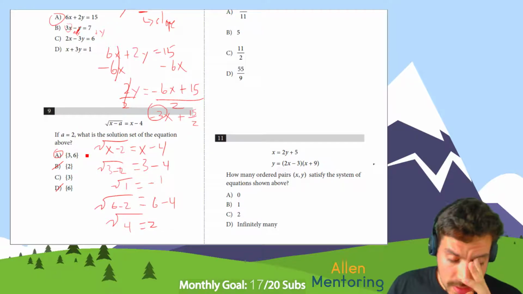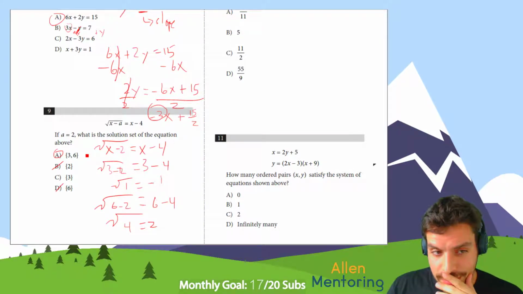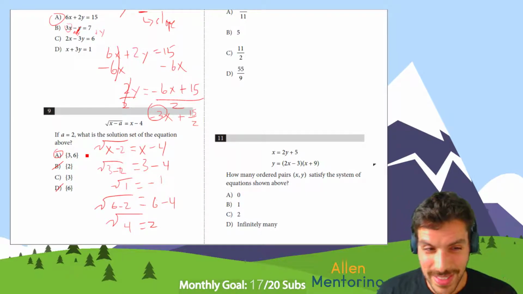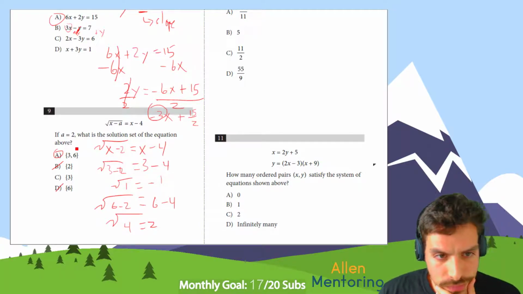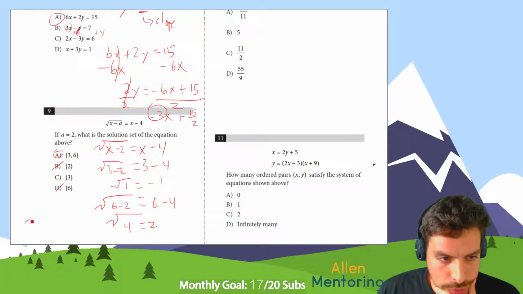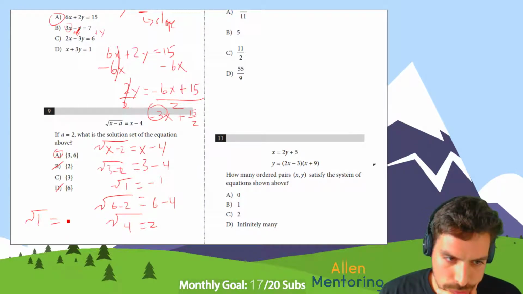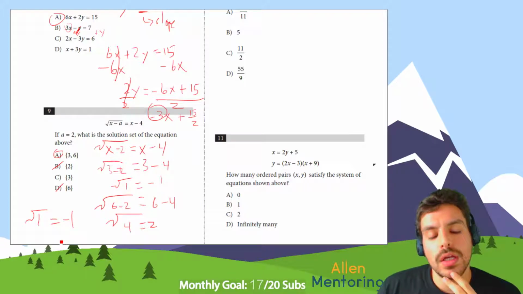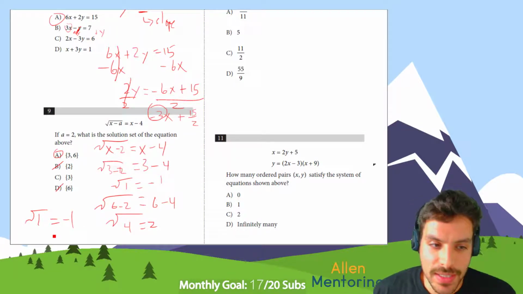Now, to be honest, now that I look at this, again, just taking a second gander at it, I've not seen the answer for this test, but now that I look at it, the square root of 1, is that equal to -1? So in one way it kind of is, right?